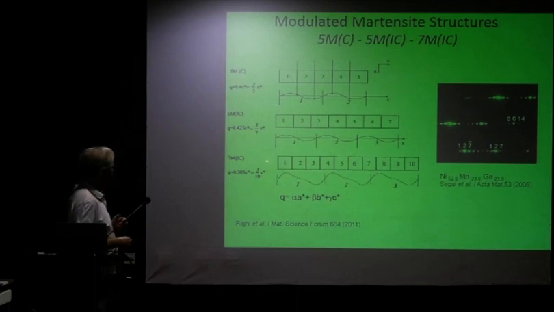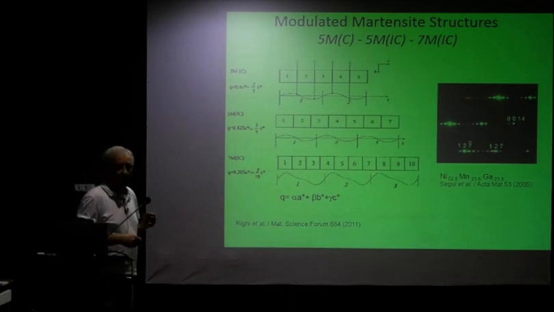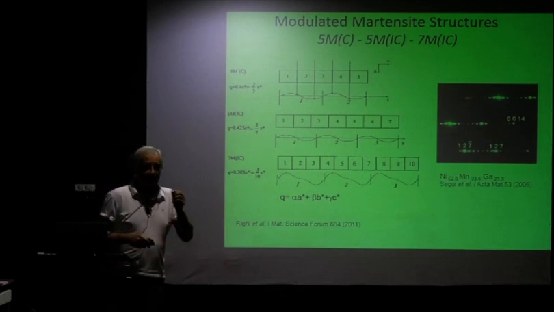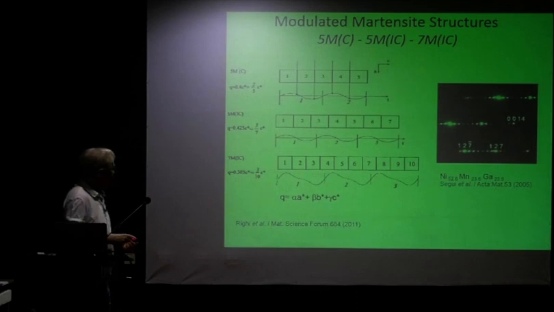Now, in the case of a 7M, let's see what's happened. This thing didn't finish here, it ended here. In the case of a 7M, it is not possible to construct a commensurate structure. It doesn't work. So in this case, for example, you have a periodicity over 10 cells. So it's like 3/10, and this is like 2/5.